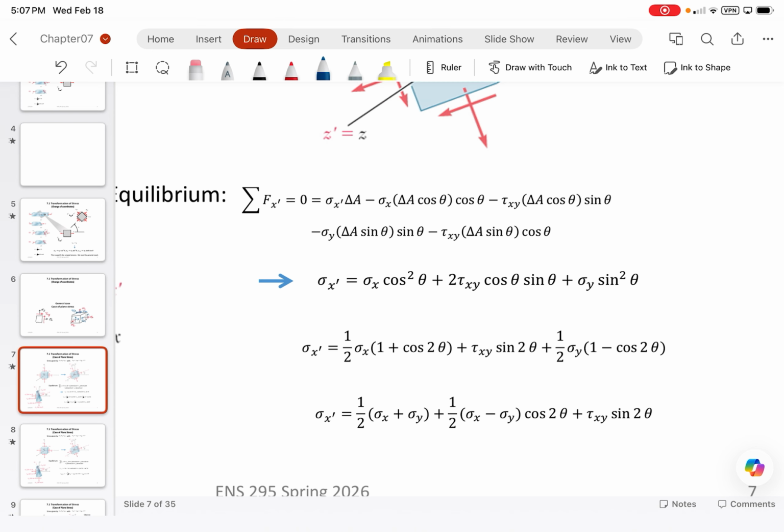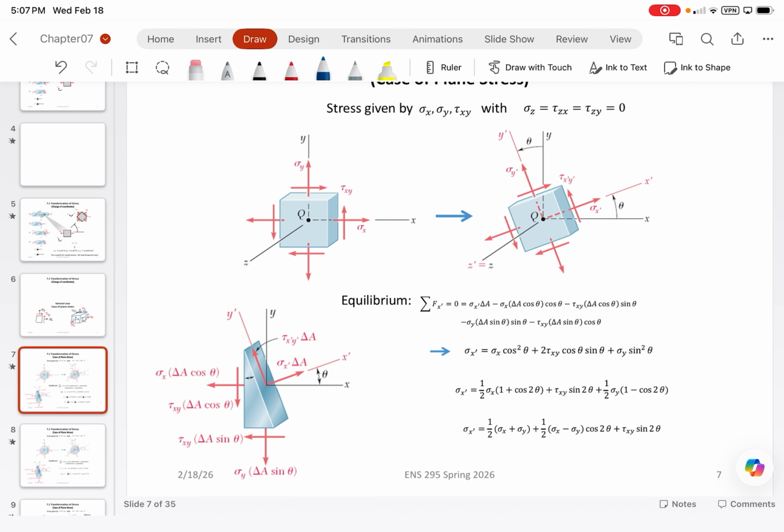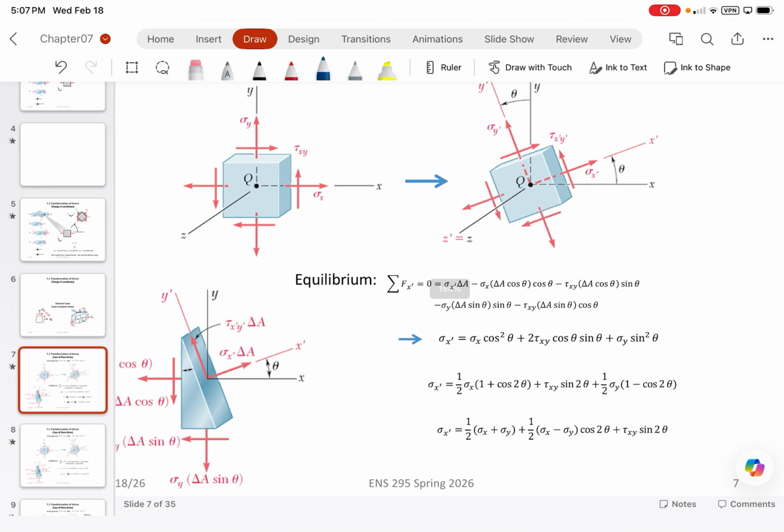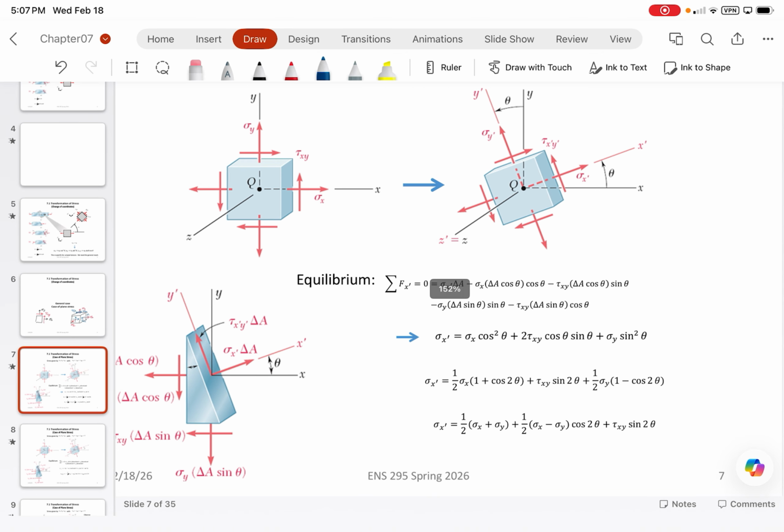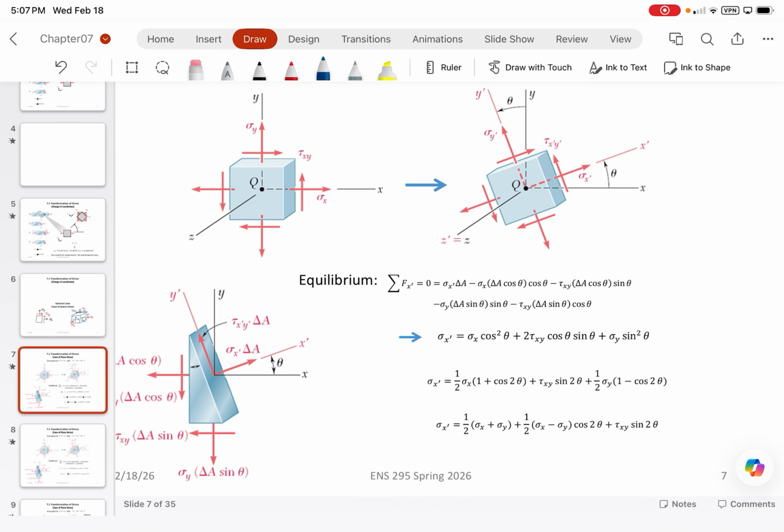All right? So if we take the forces in the transformed x direction plane, what we end up with is all of the stresses in x and y multiplied by the areas that those stresses are acting on. So we're going to have some culmination of stresses in the x direction, some stresses in the y direction, and shear stresses all contributing to some force in the x direction.